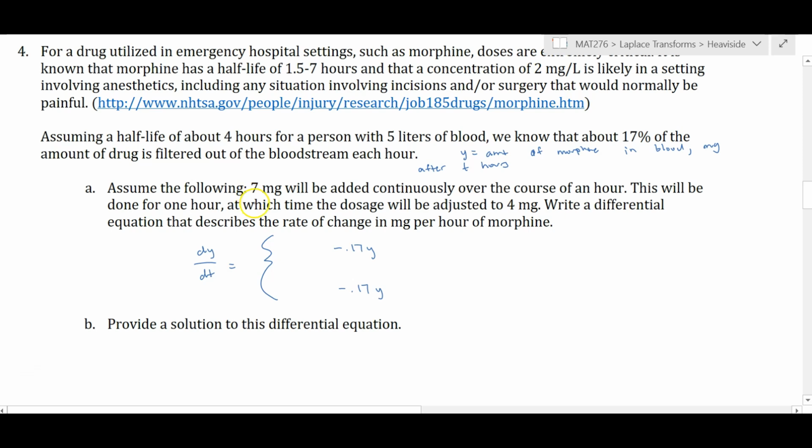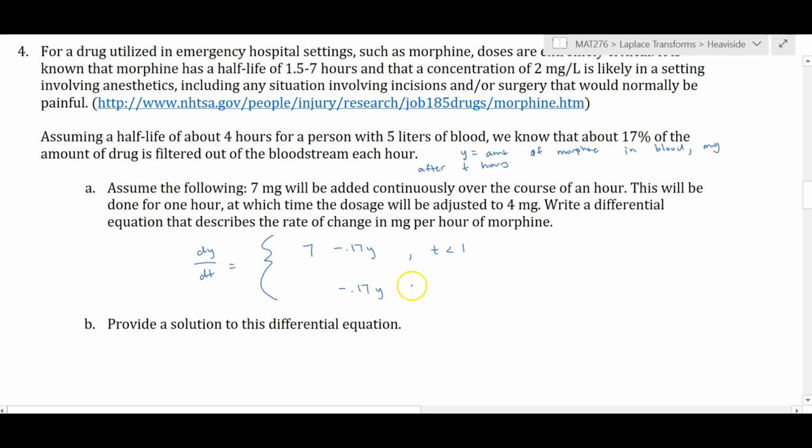At time 0, we're going to be infusing 7 milligrams per hour. So that's 7 milligrams per hour, and that's going to be done for 1 hour. So that will be for t less than 1. Now, if you notice, I'm not putting the boundary of 0 on here because it's just assumed that we're dealing with non-negative values of time.